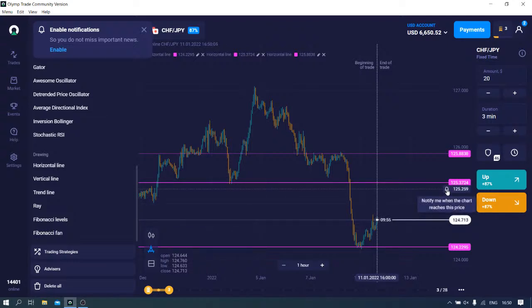Yeah, notify me when the chart will reach this level. So once the price reaches this level, you will hear some sort of beep notifying you that the price reached this level and may go downwards.